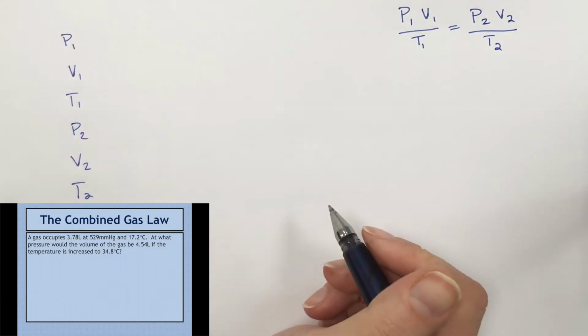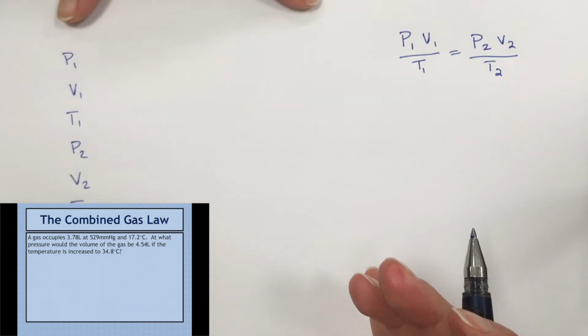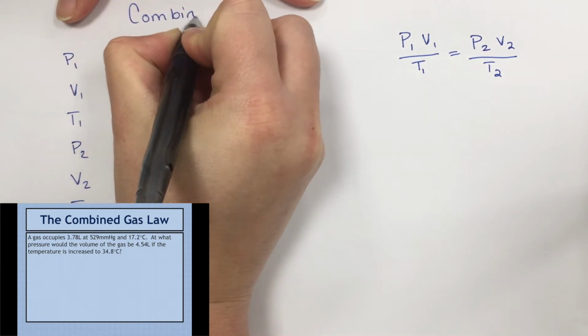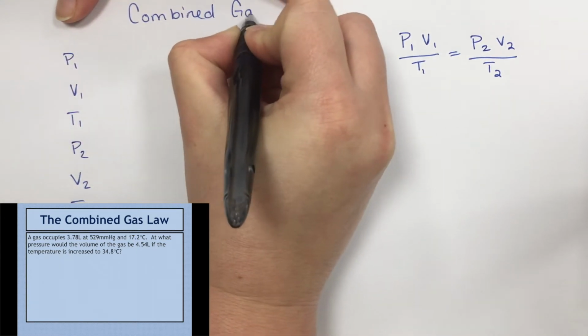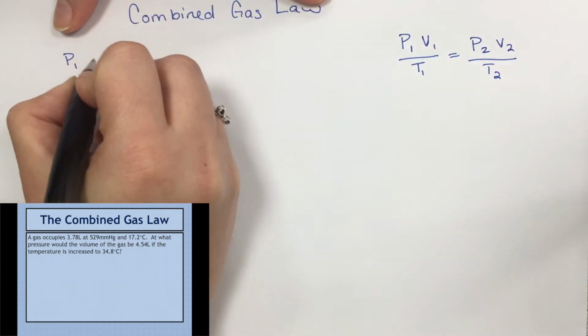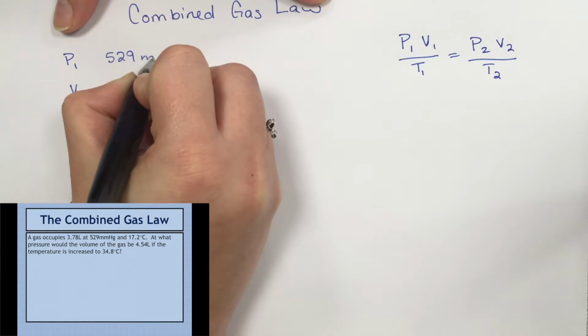All right, so our initial pressure is 529 millimeters of mercury.